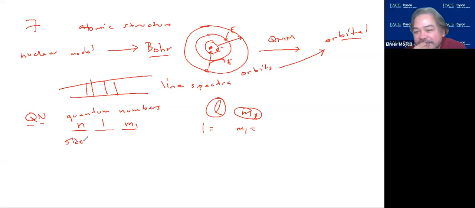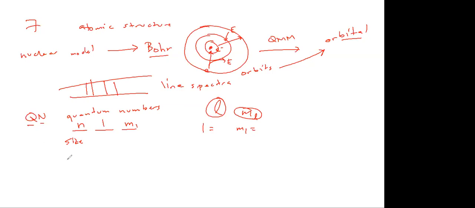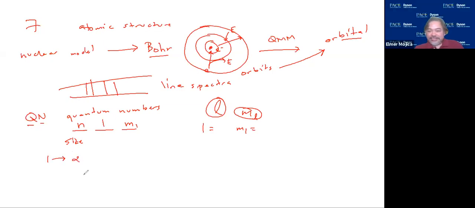The higher the number, the bigger the atomic size. And usually the value of n is always positive, from 1 to infinity. But usually we just use until 6 or 7.